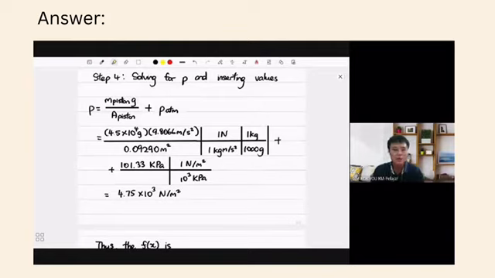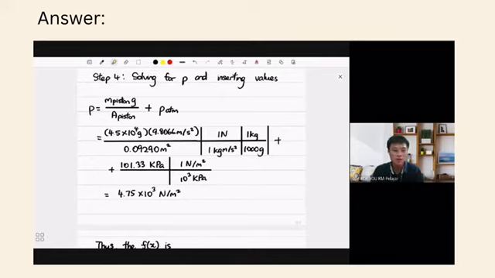Then for the atmospheric pressure, we need to change it to Newton per meter square. The atmospheric pressure, which is 101.33 kilopascal, we need to multiply by 10 to the power 3 and by 1 Newton per meter square.